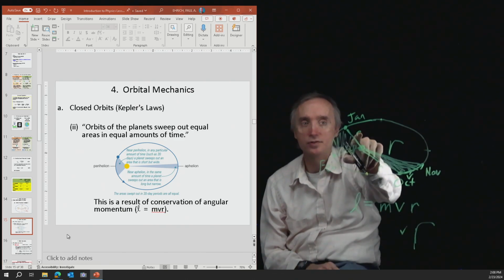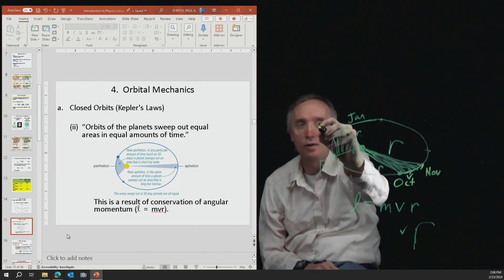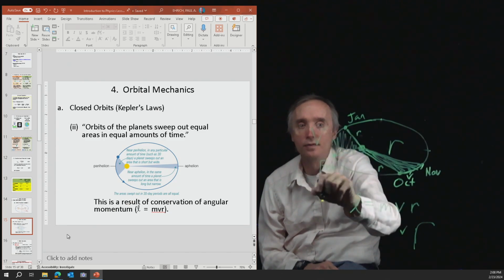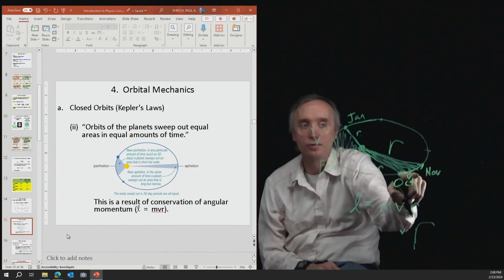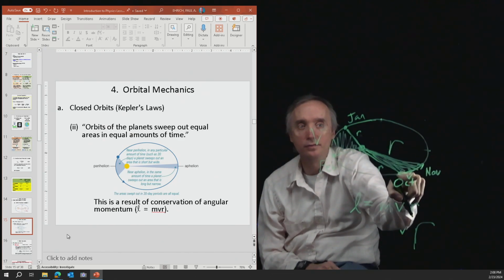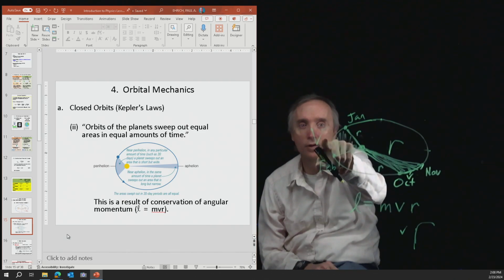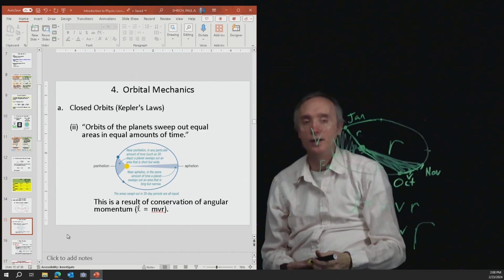And if you have a small r, that would be compensated by a large v. So on this side of the star, it's traveling faster than it is over here. Large r, small v; small r, large v. So that's conservation of angular momentum.